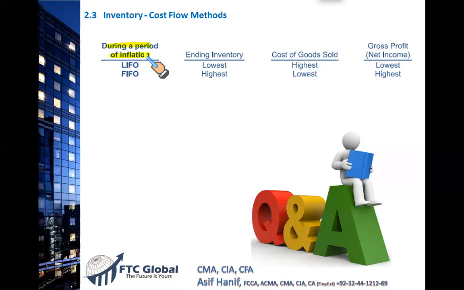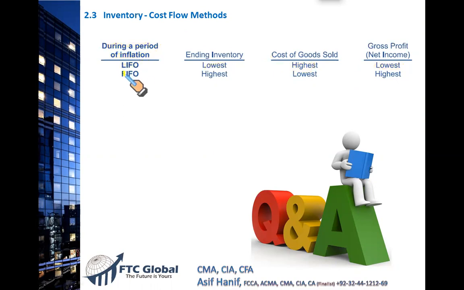And when prices are rising at a slow rate, we say the rate of inflation is low. So during a period of inflation, under the LIFO method, your recent, high costs go to CGS, which means your CGS would be high. Higher CGS means your gross profit and net profit would be low. And of course, your ending inventory would be lowest because it is valued at the oldest cost.